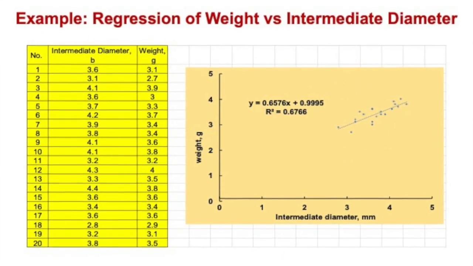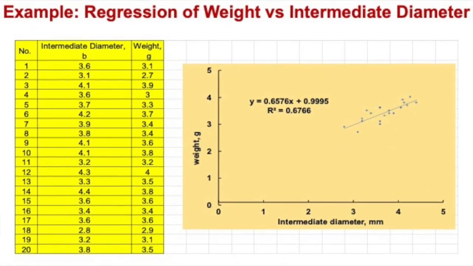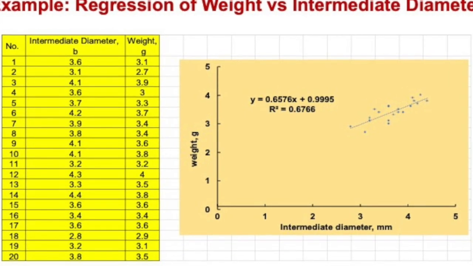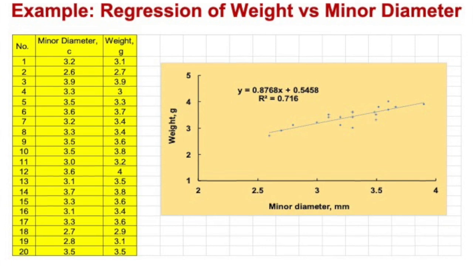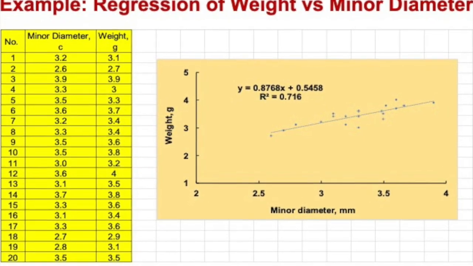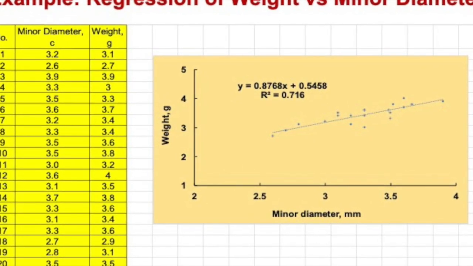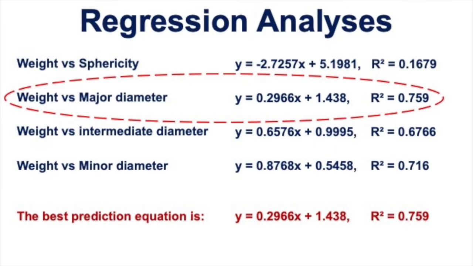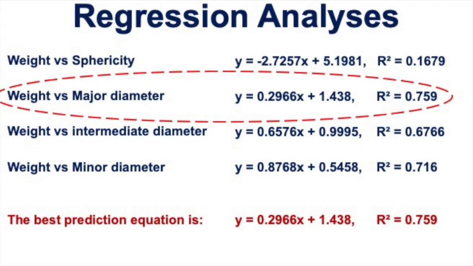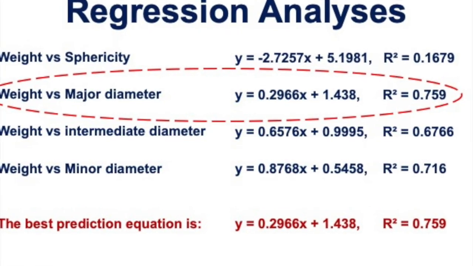Perform a regression analysis on weight versus intermediate diameter. Perform a regression analysis on weight versus minor diameter. Eventually, find out the best prediction equation of corn kernel weight with the largest coefficient, R squared.